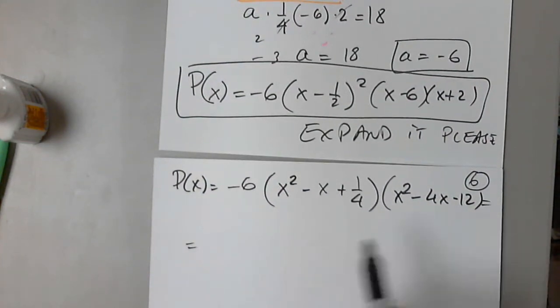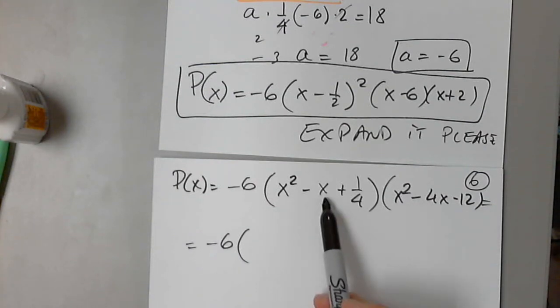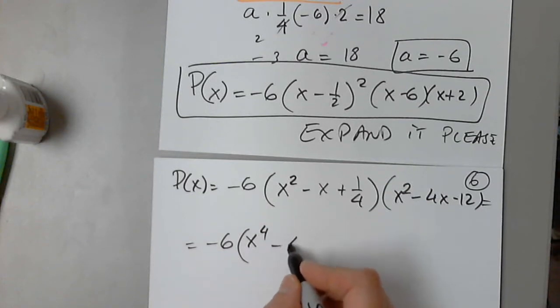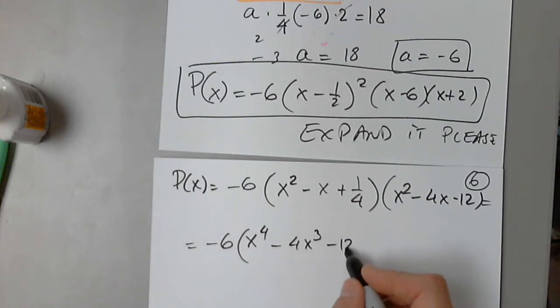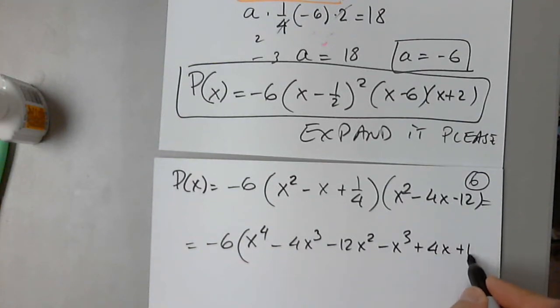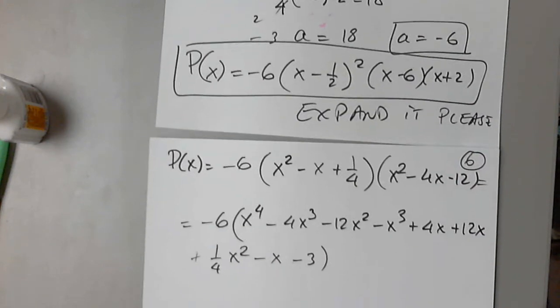And now I will distribute this x squared to all three, the negative x, and so on. So x to the fourth minus 4x cubed minus 12x squared minus x cubed plus 4x plus 12x plus 1/4 x squared minus x and minus 3.